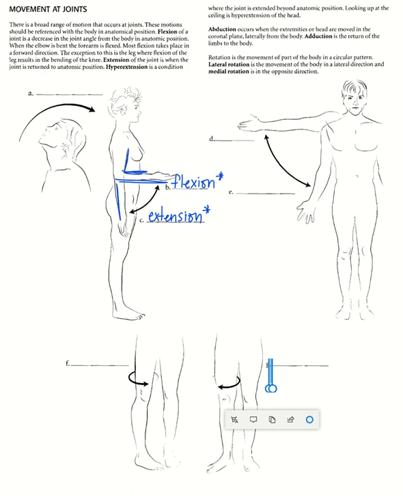Flexion, you're typically bending. Extension, you're normally straightening out or increasing the angle. If you increase beyond your normal position, it's referred to as hyperextension.